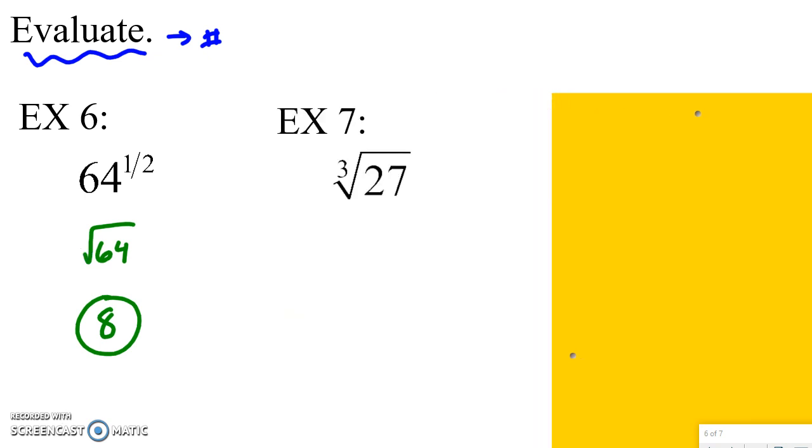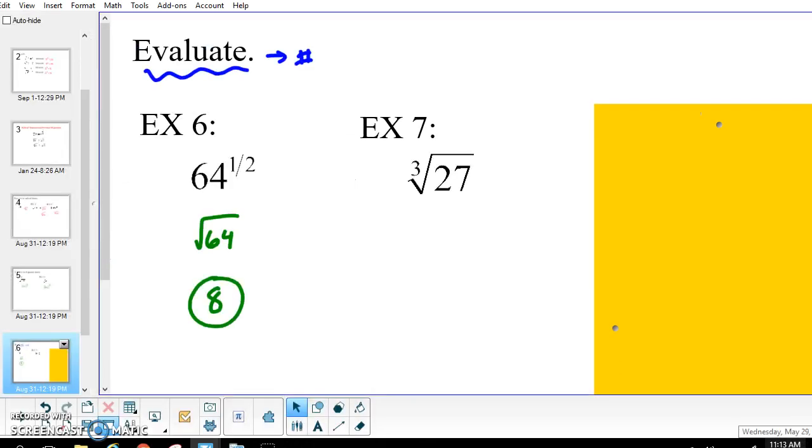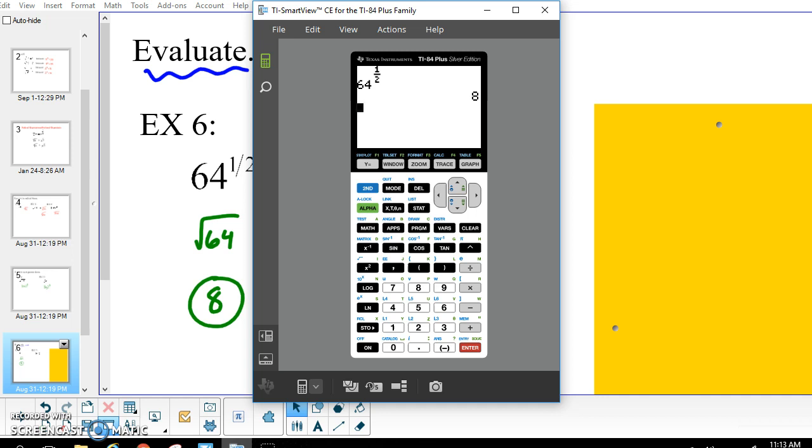Okay, the cube root of 27. So you could type it in as 27 to the 1/3 power. Or you could do cube root, which here, it's under math, and then it's number 4 there. Cube root, 27. It is 3. Or you can just type in 27 to the 1/3 power.